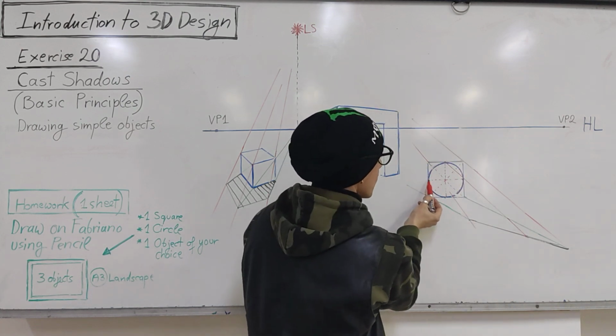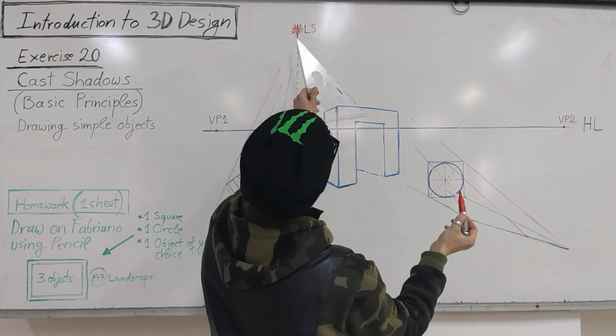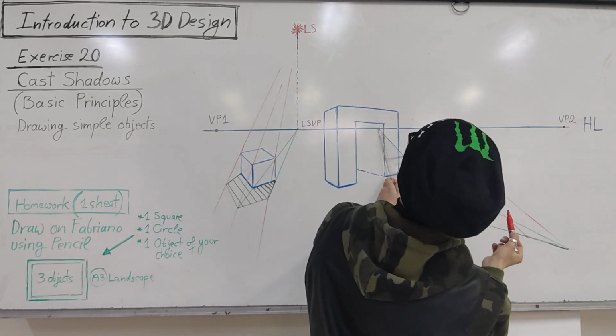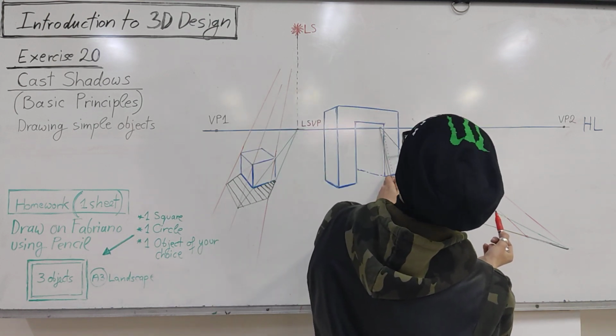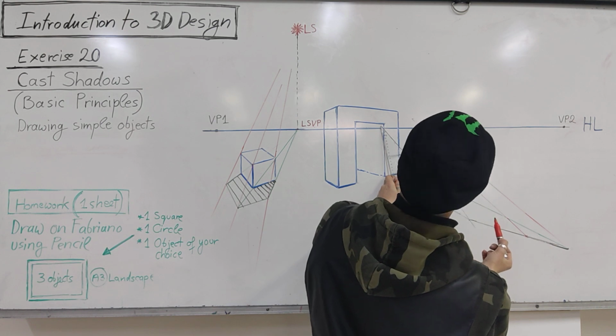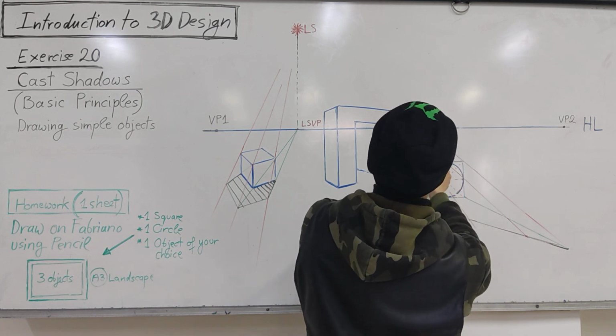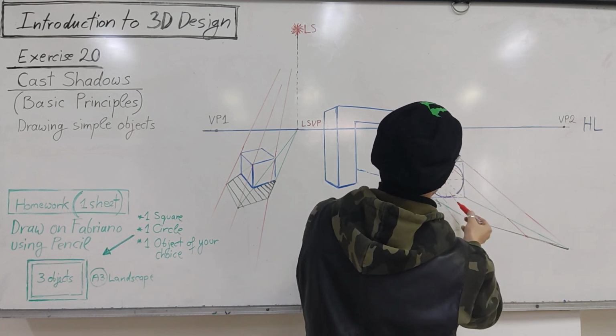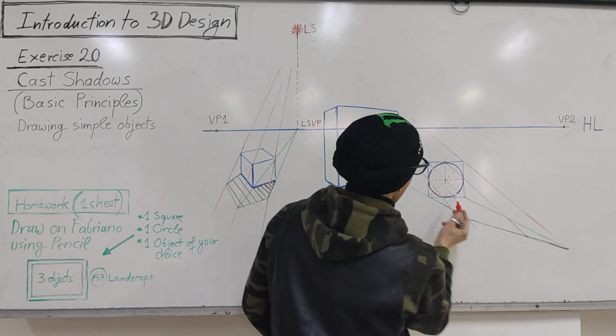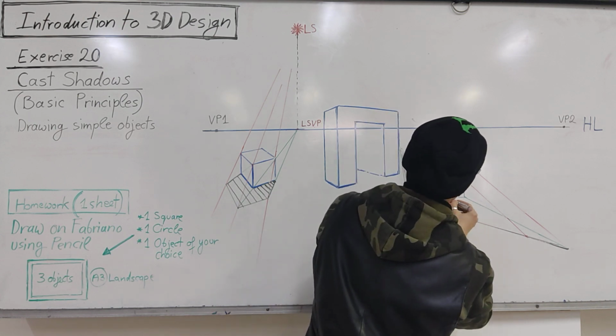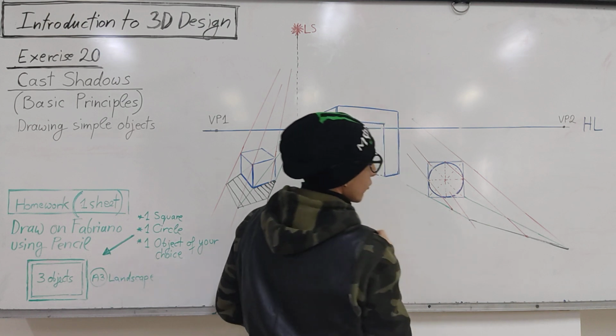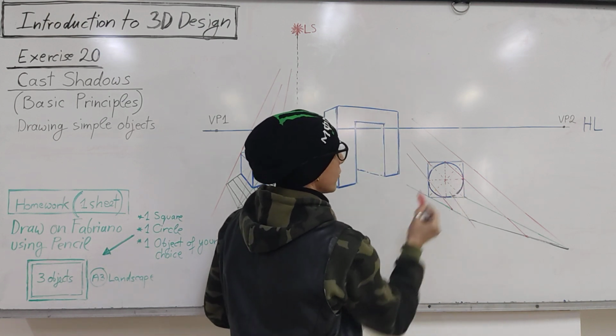Now this point, where is it located on this line? From the light source. Where it touches this line is located here. What about this point here?